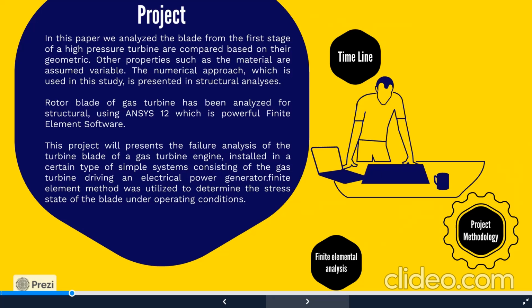This project will present the failure analysis of the turbine blades of a gas turbine engine installed in a certain type of sample system, consisting of the gas turbine driving an electrical power generator. The finite element method was utilized to determine the stress status of the blades under operating conditions.